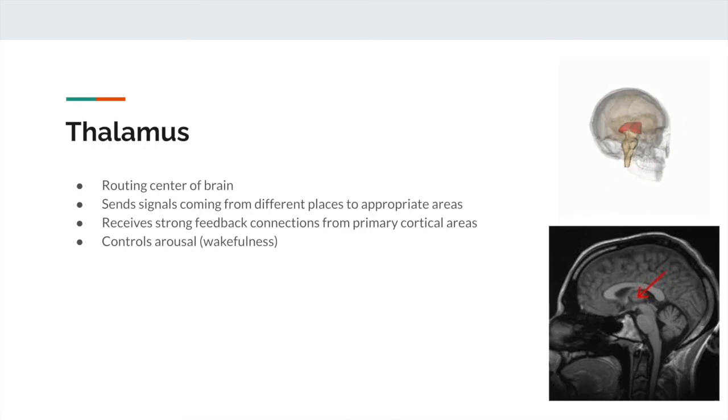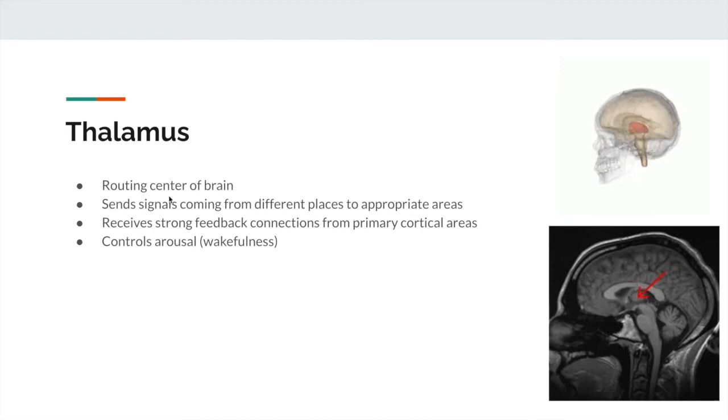And not only does it send these signals to the different lobes, but it's a two-way communication. So it actually receives information from those lobes as well. So it can intelligently designate where information goes based on all of the signals that it receives.